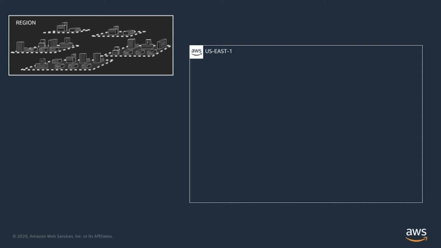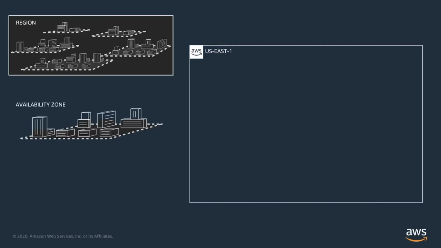If you look at the regions, it consists of multiple isolated and physically separate availability zones within that geographic area. An availability zone is a logical group of these data centers, and each availability zone has its own independent power, cooling, physical security, and it's connected via redundant ultra-low latency networks.